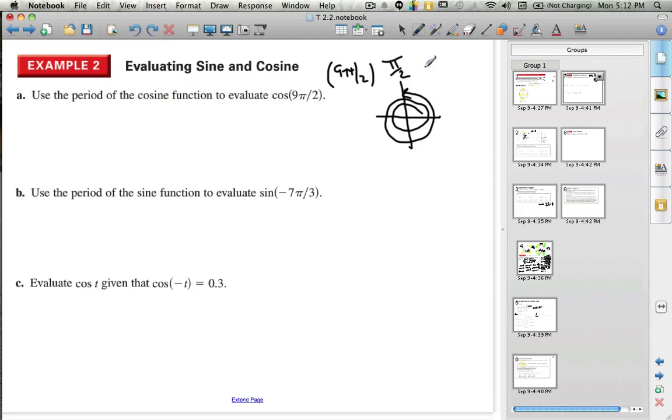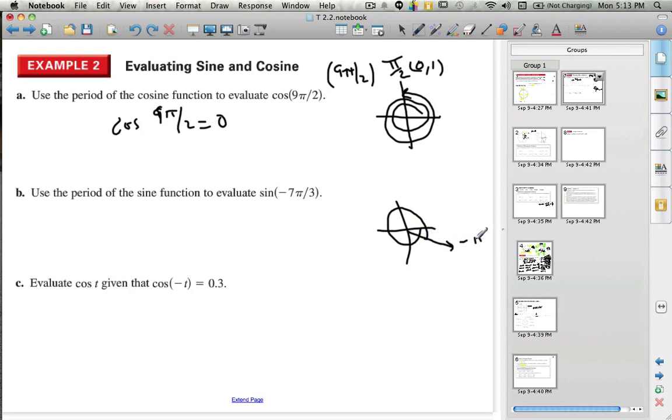If I want cosine, I'm looking at my x-coordinate. This point is at (0, 1). The cosine of 9 pi over 2 is equal to 0. Now if I want to do the same with 7 pi over 3, negative, this would be 3 pi over 3, 6 pi over 3, and 7 pi over 3.